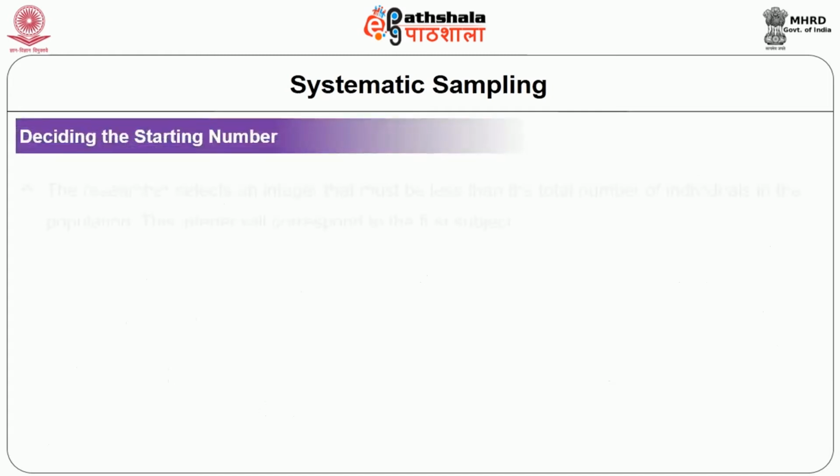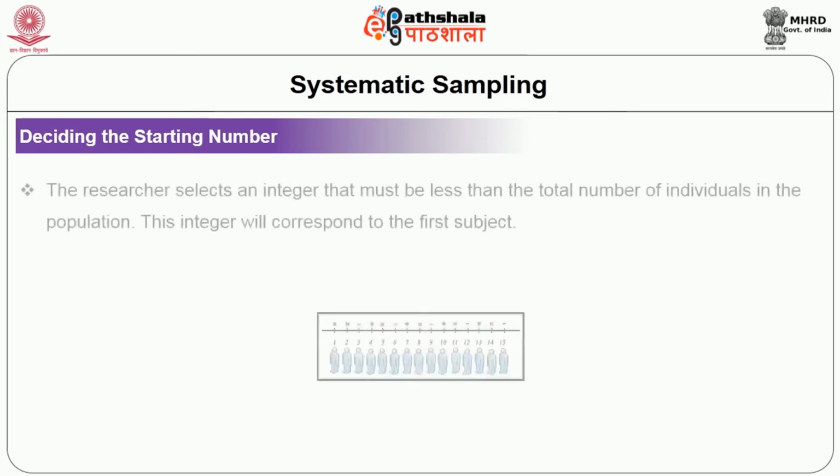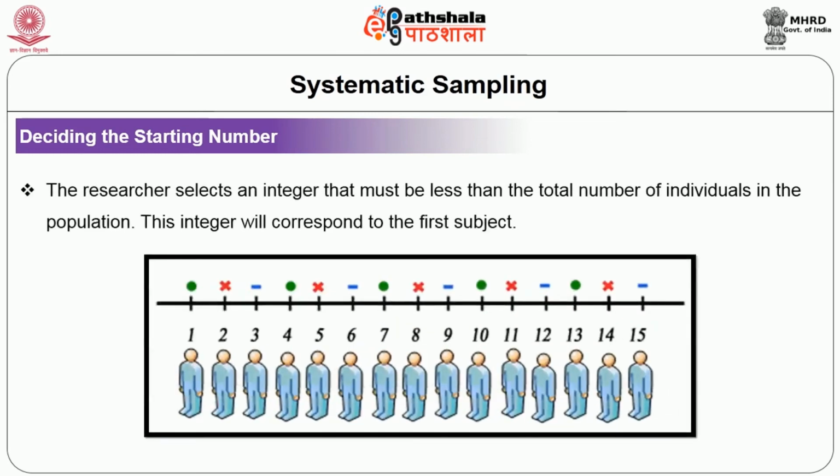The process of obtaining the systematic sample is much like an arithmetic progression. The first step is deciding the starting number. The researcher selects an integer that must be less than the total number of individuals in the population. This integer will correspond to the first unit.